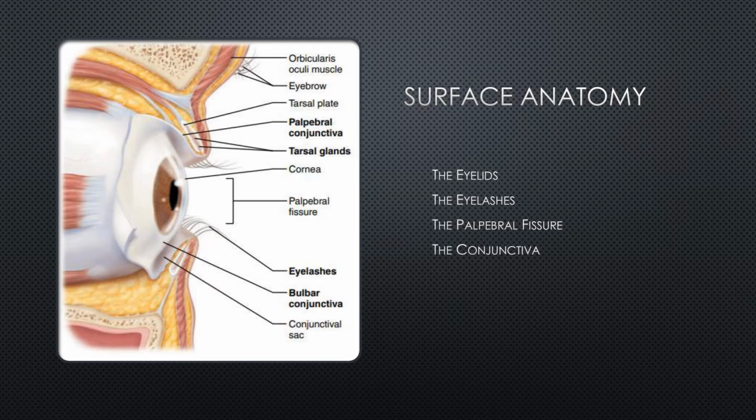Surface anatomy of the eye contains the eyelids, the eyelashes, the palpebral fissure, and the conjunctiva.